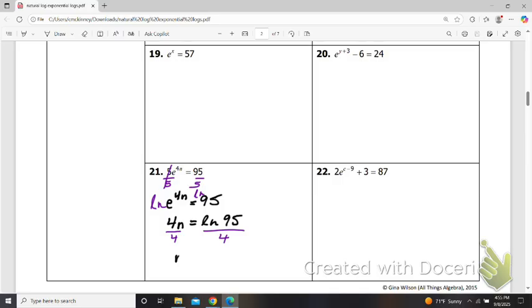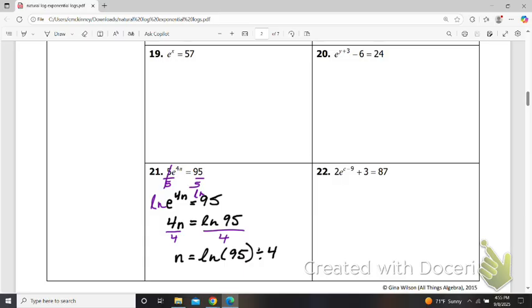So in the calculator, that's going to look like ln of 95, close it, divide by 4. If I don't close it, then it's going to give me natural log of, I don't know, like 19.25 or something. Not what you want.